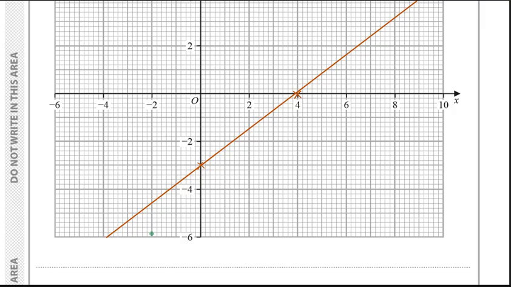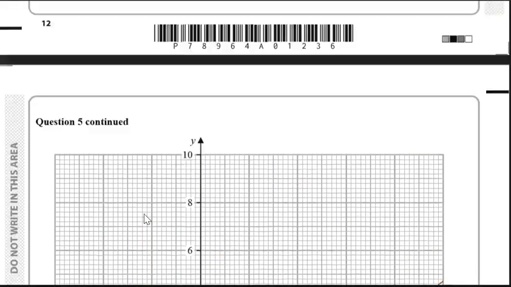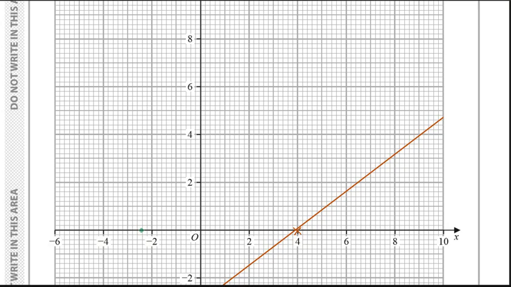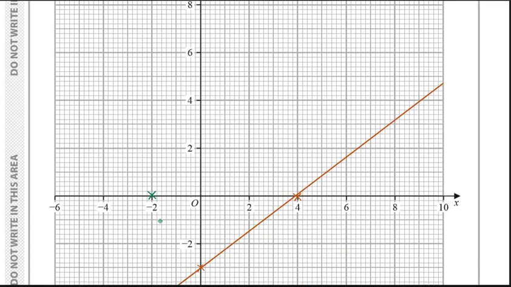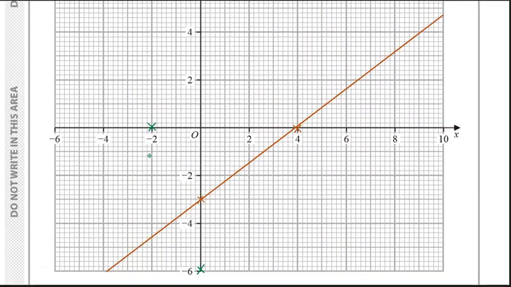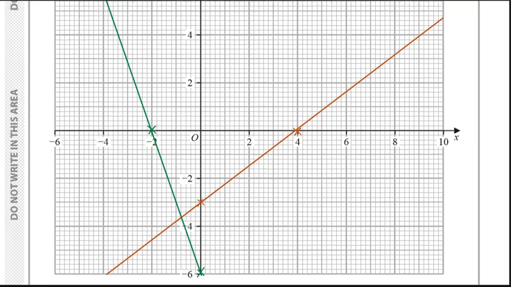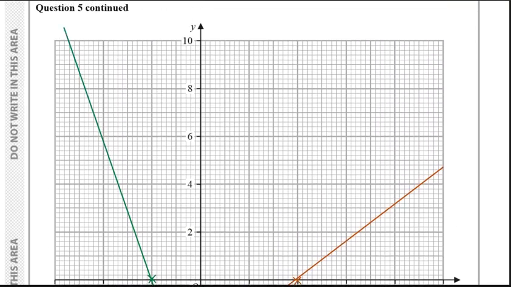So 0 comma minus 6 would be somewhere here, and minus 2 comma 0, minus 2 is here, and comma 0 is here. So let's draw this line. Try to extend it as far as you can.